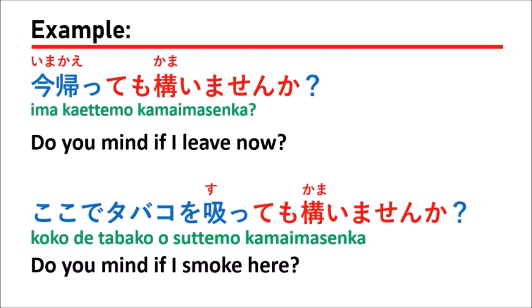And for the last sentence, ここでタバコを吸っても構いませんか？ means you want to ask for permission from another person. Because sometimes you stay in some place where many people stay together. So you are just the newcomer, so you have to ask permission. Is there any rule or any problem if I do this?